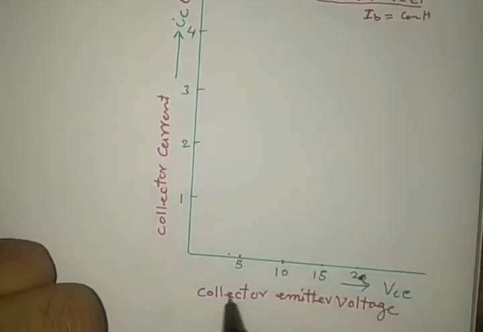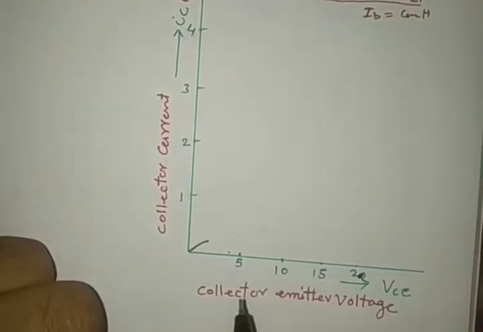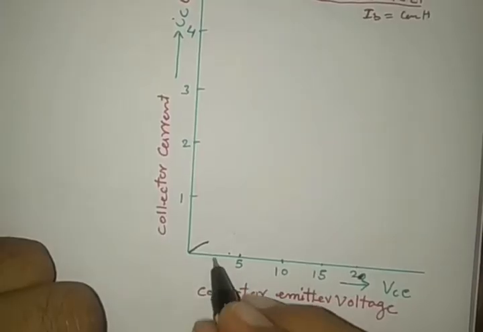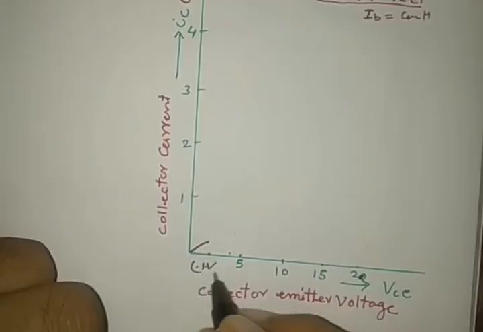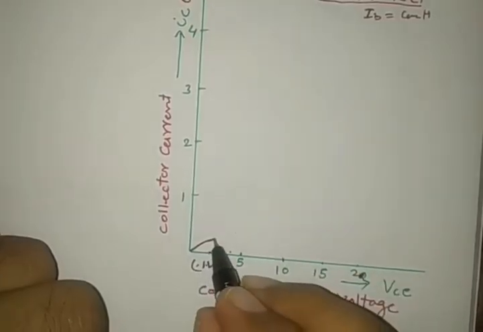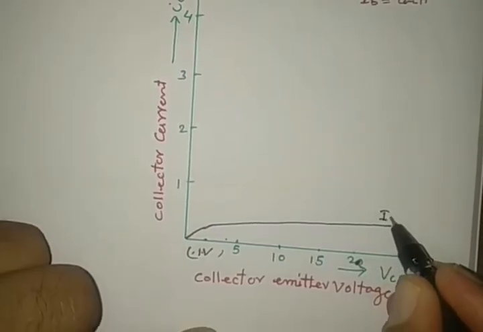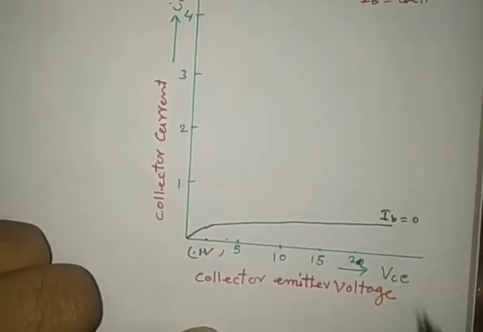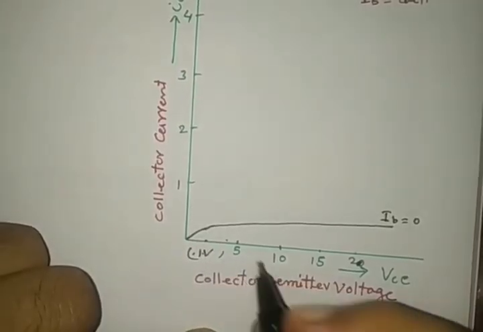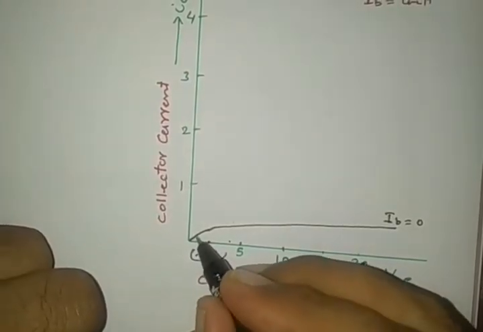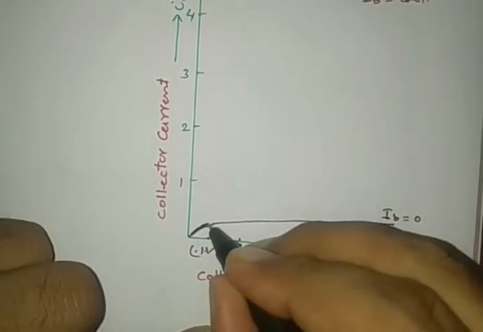On increasing the voltage, the current increases rapidly, up to only 0.1 volt. Thereafter it becomes somewhat constant. Here IB is almost 0. Now when some more voltage is applied, the current increases rapidly.